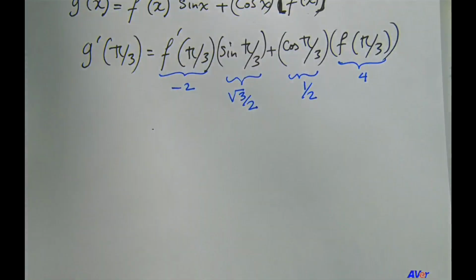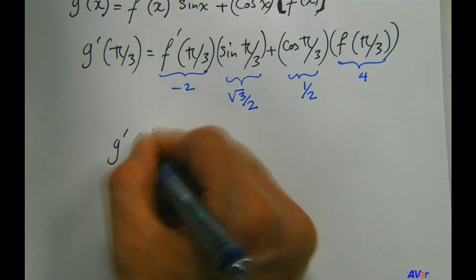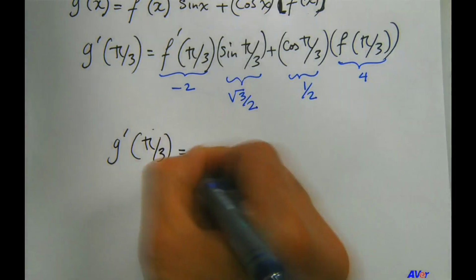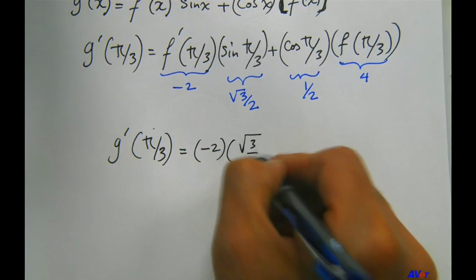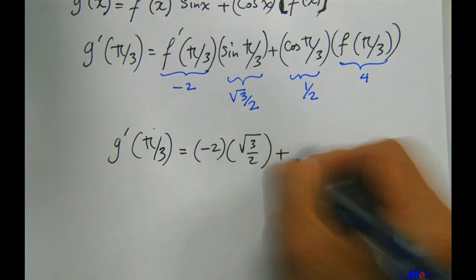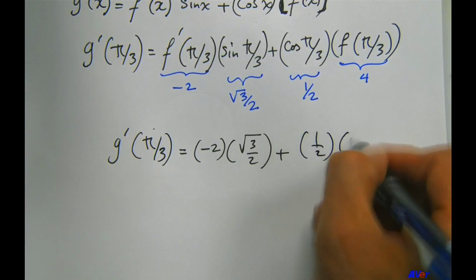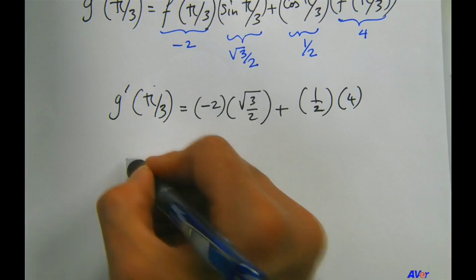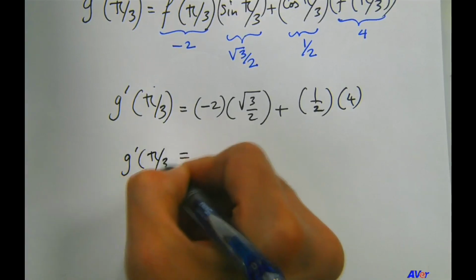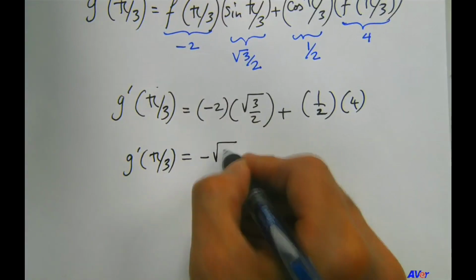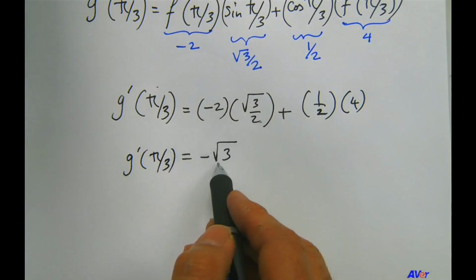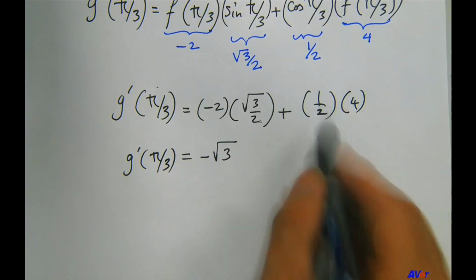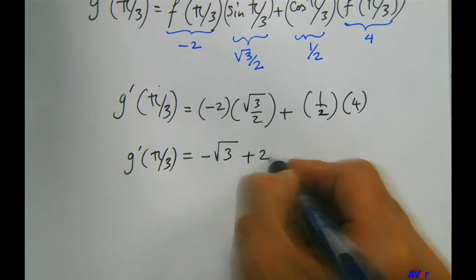So let's multiply those. g prime at pi over 3 is equal to minus 2 times square root of 3 over 2 plus 1/2 times 4. So we have minus square root of 3, the 2's cancel out, and half times 4 is plus 2.